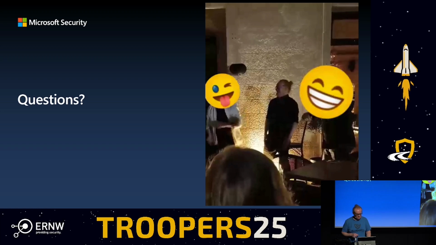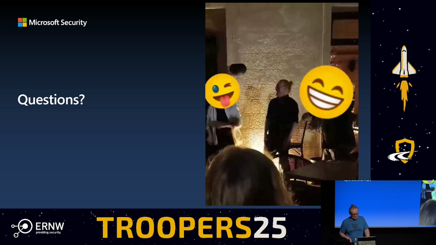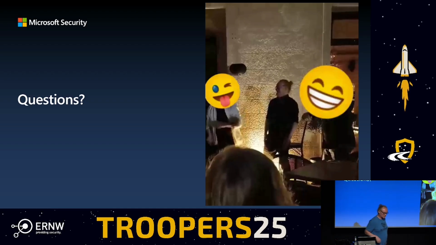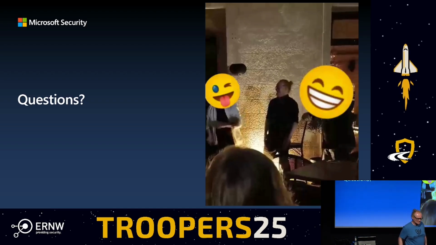Hi, thanks for the great talk. As an attacker, I wonder if there's a good method to find the synchronization server in an on-prem AD. Is there an LDAP object, or does it expose named pipes or something that I can find? So I missed the question part. Which account are you talking about?